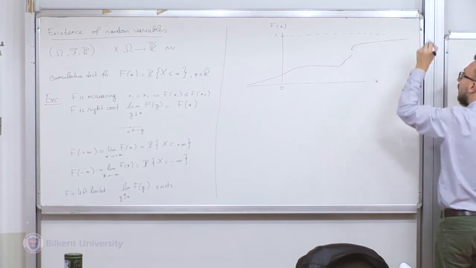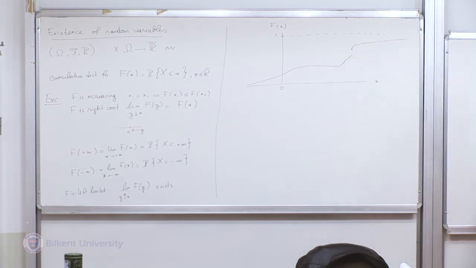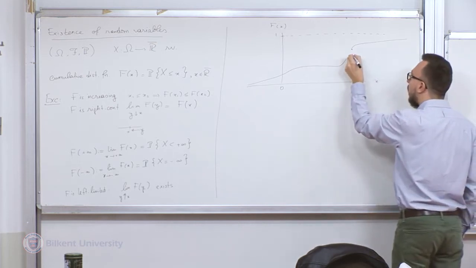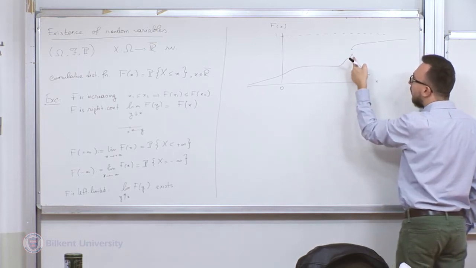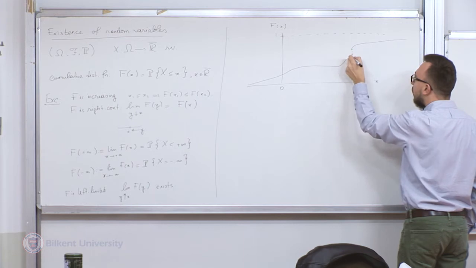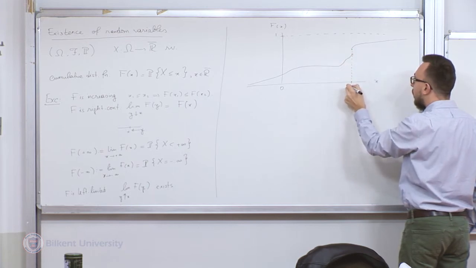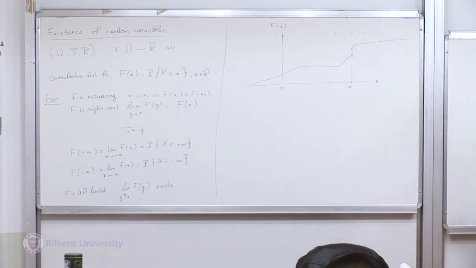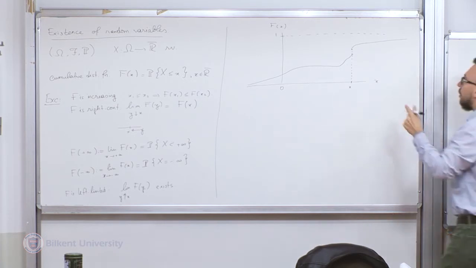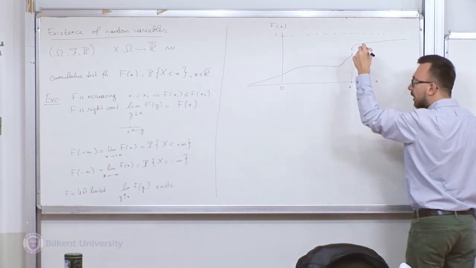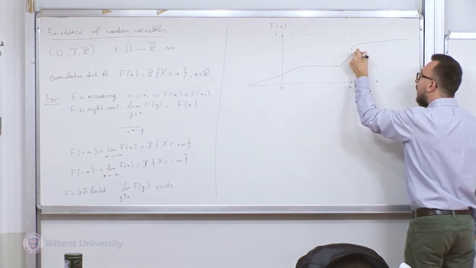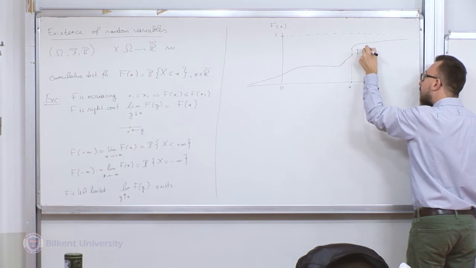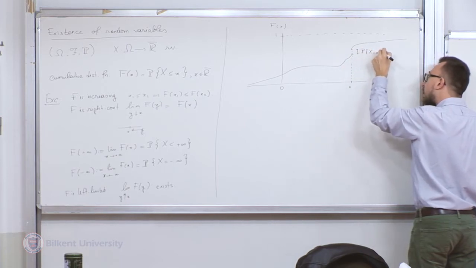Let me draw like that. And this is the left limit of the function at this point. If you call it x, the function F makes a jump at the point x. So this jump size is exactly the probability that X is equal to x.